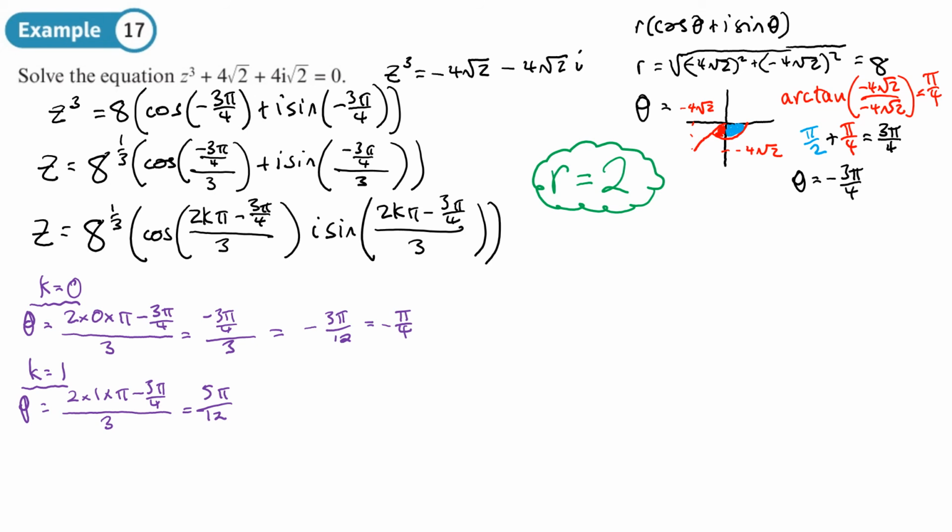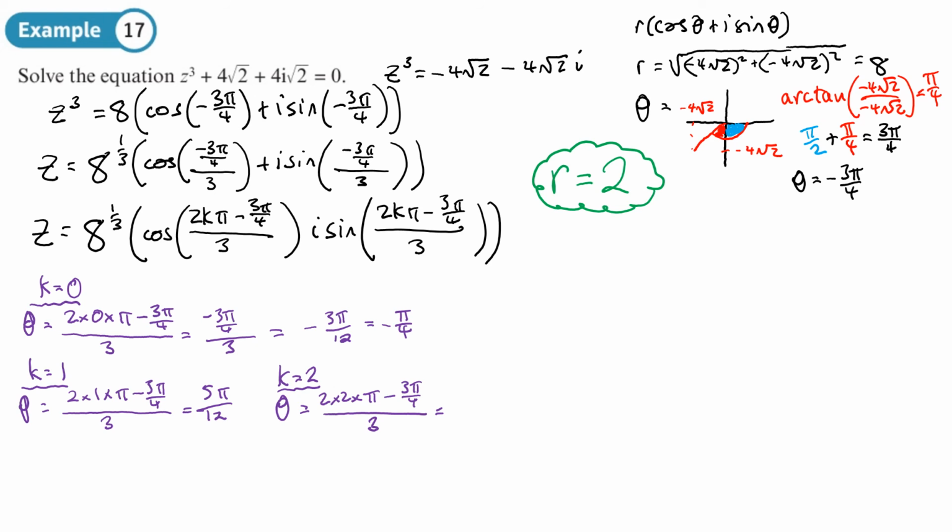Let's go for k equals 2. So that's going to be 2 times 2 pi minus 3 pi over 4, all divided by 3.